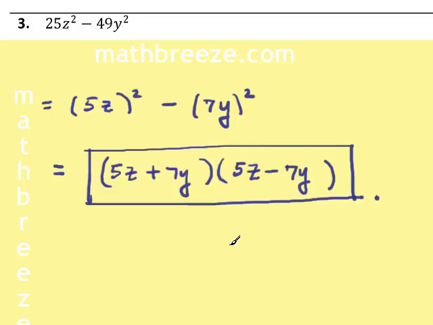By the way, this factoring method is called factoring a difference of two squares.